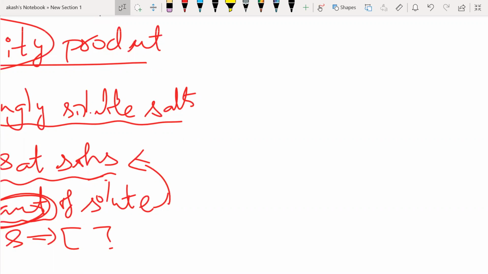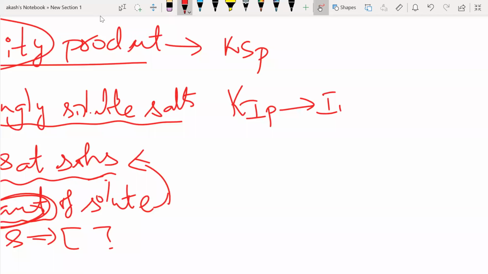So two things are going to help us. One is what is called as KSP, the other one is what is called as KIP. KSP is the solubility product. KIP is what is called as ionic product.